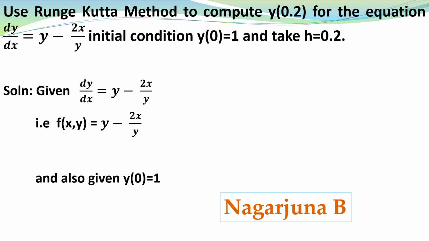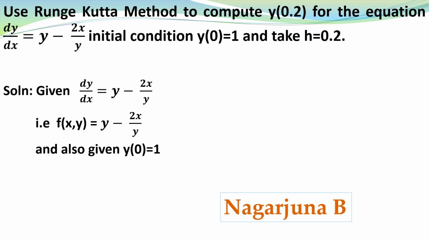So x naught is equal to 0 and y naught is equal to 1, and they have given the value of h also. h is 0.2, and what we need to find? We need to find y of 0.2, the value of y at x is equal to 0.2 by using the Runge-Kutta method.